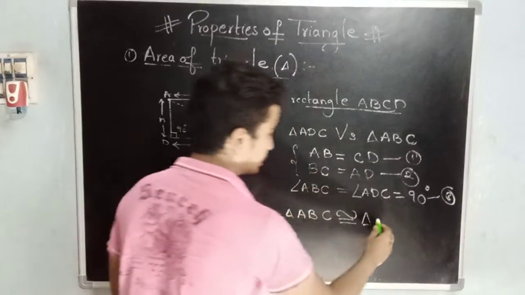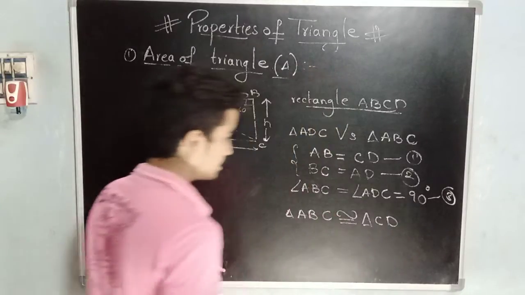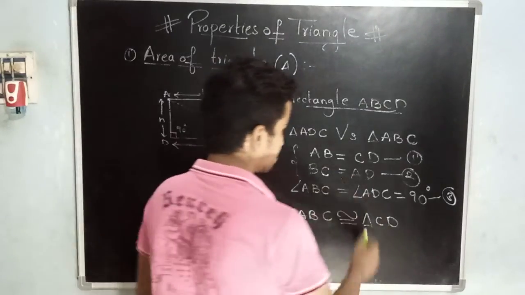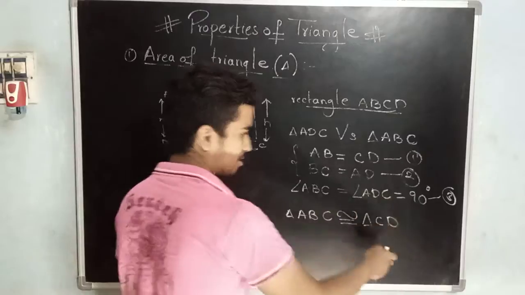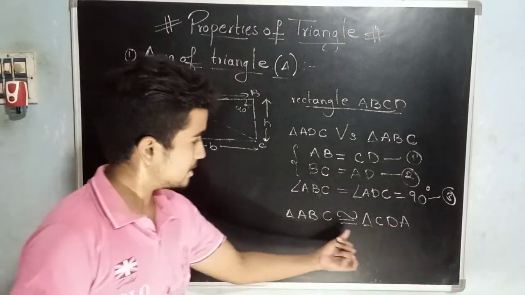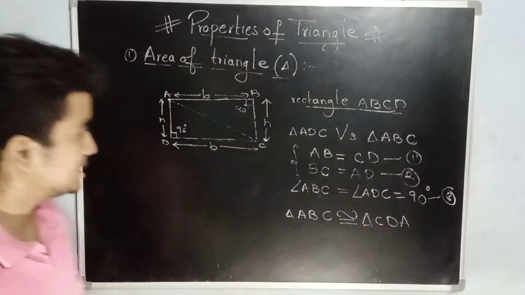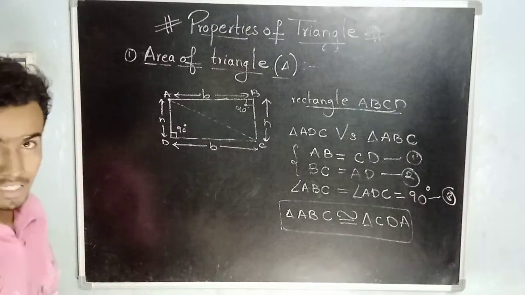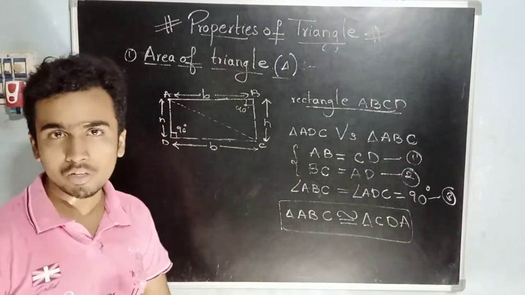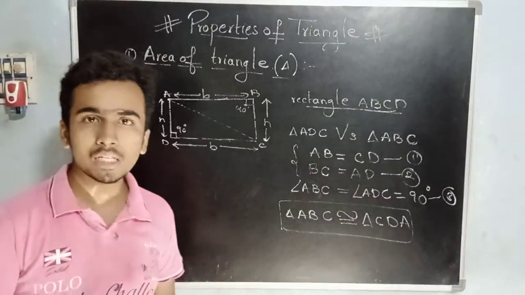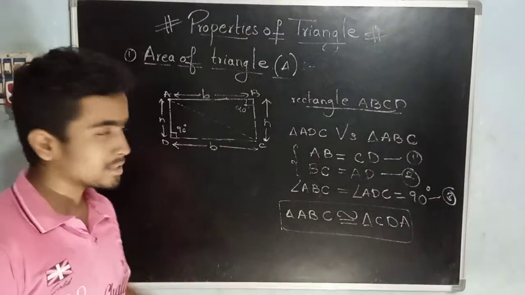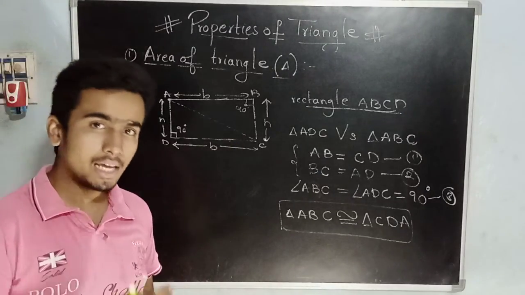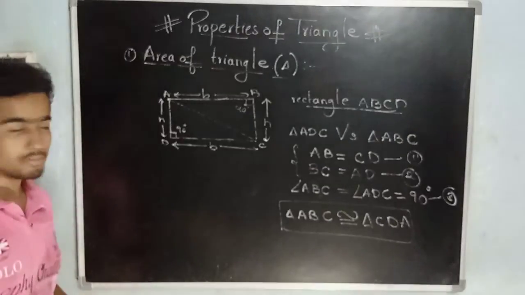AB is equal to CD, BC is equal to AD, and angle ABC is equal to angle CDA, which is angle ADC. Okay, this is the congruence. It means this diagonal is going to divide this rectangle into two equal triangles of equal area. That's the aspect we have to understand.